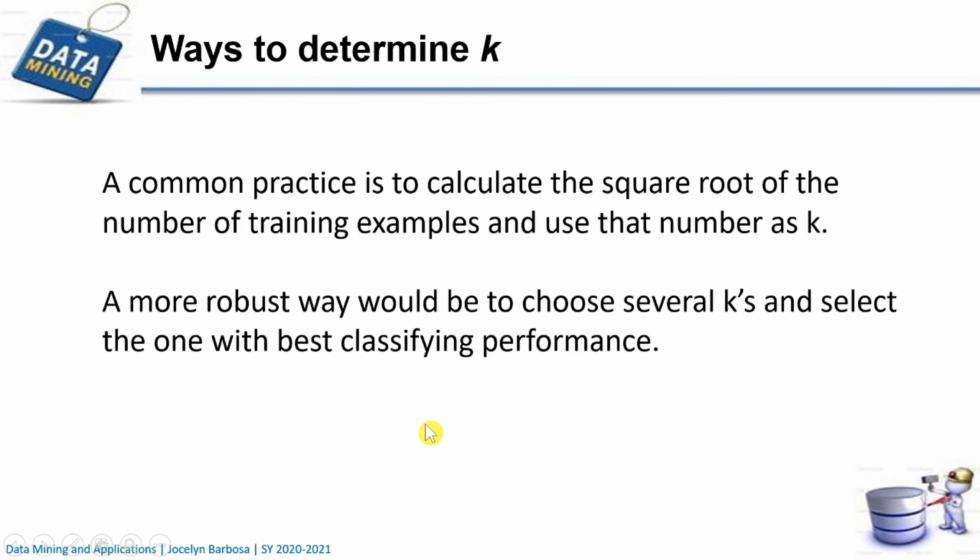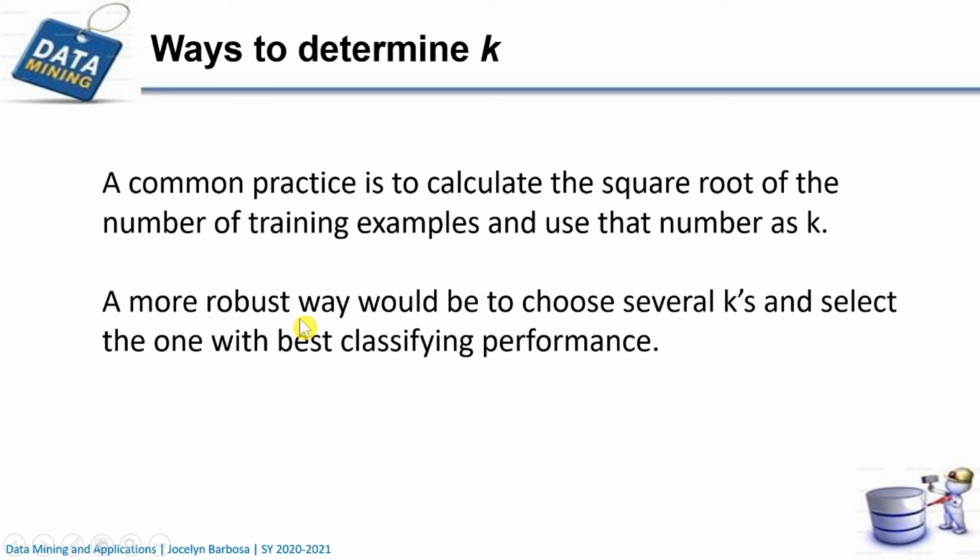A common practice is to calculate the square root of the number of training examples and use that number as K. For example, in the previous example, we have 150 as the dataset size. We get the square root of it, which is approximately 12. And so we use the value 12 for our K in the previous slide that we have shown.